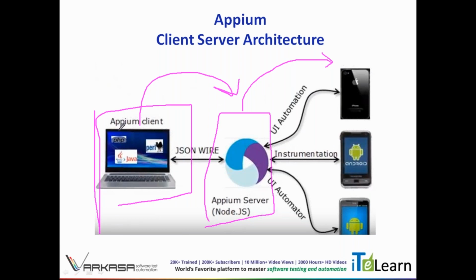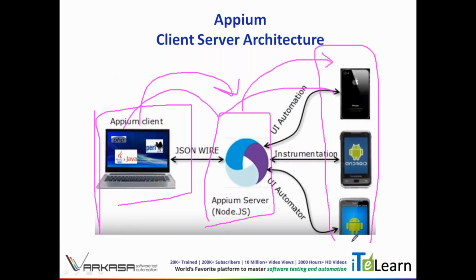So that's the reason we say client server architecture. And then once the session is established, it will reply back to the client saying the connection is successful, and then the automation scripts are run on the end device.